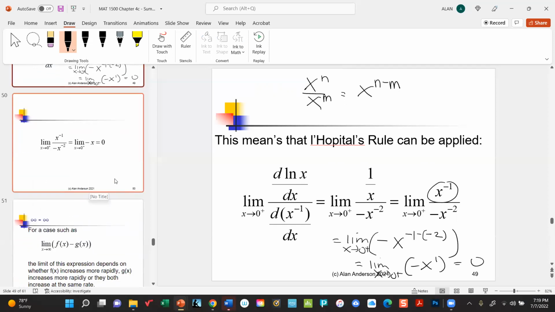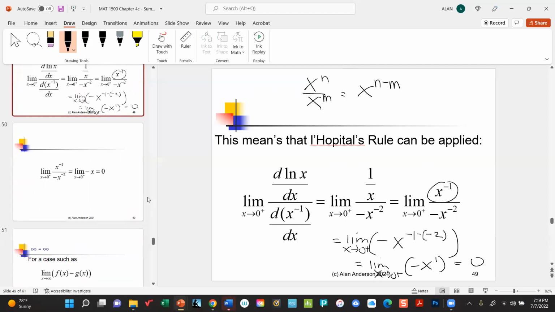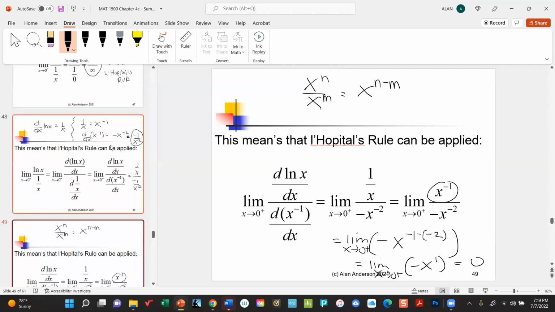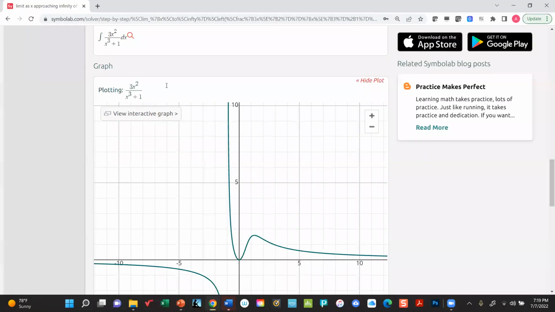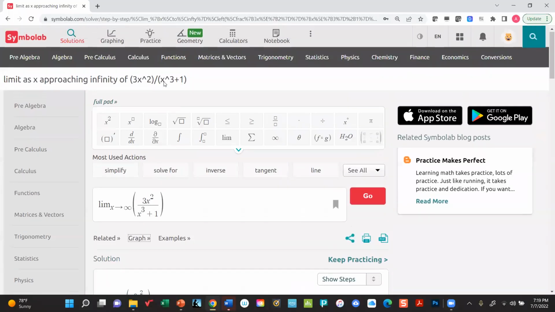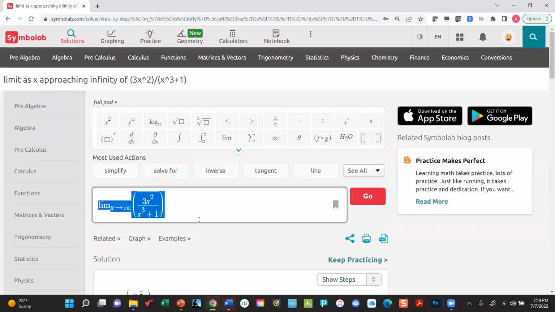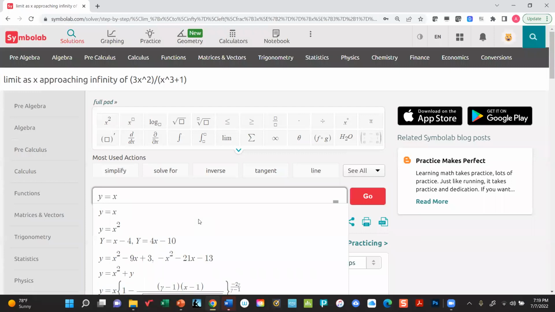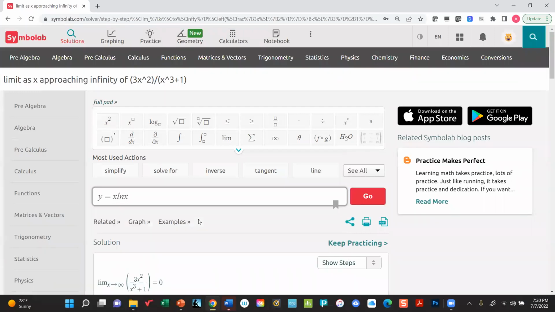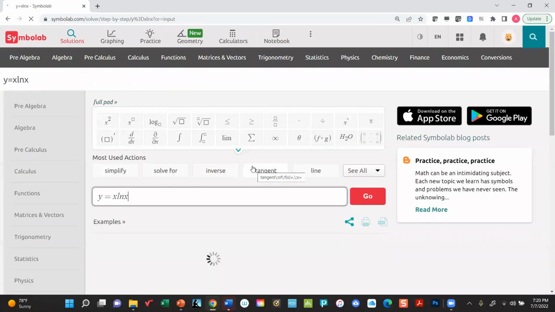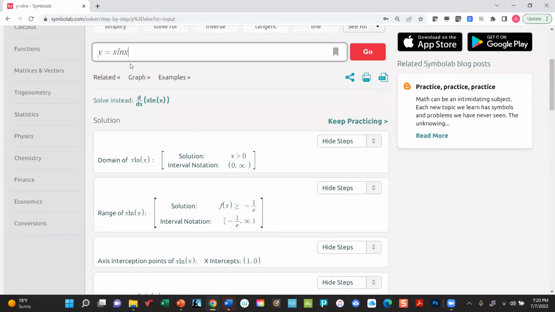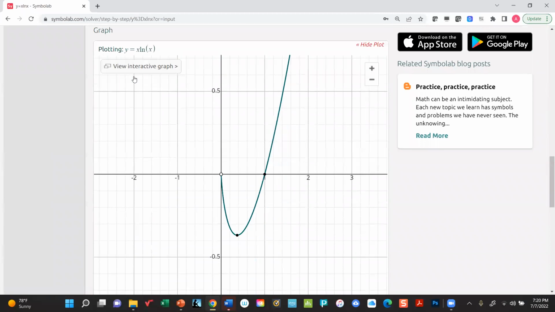Once again, why don't we look at this graph, x log x? Let's see what that looks like. Ah, there you go.